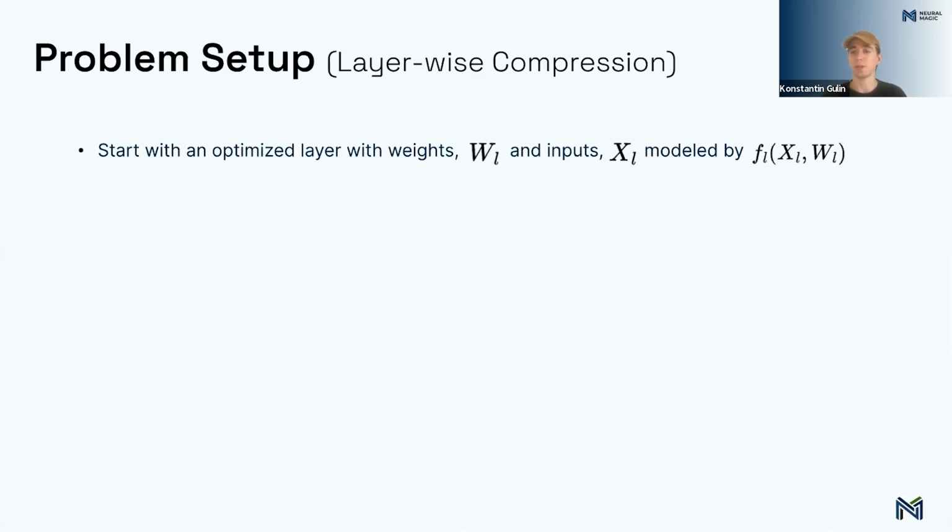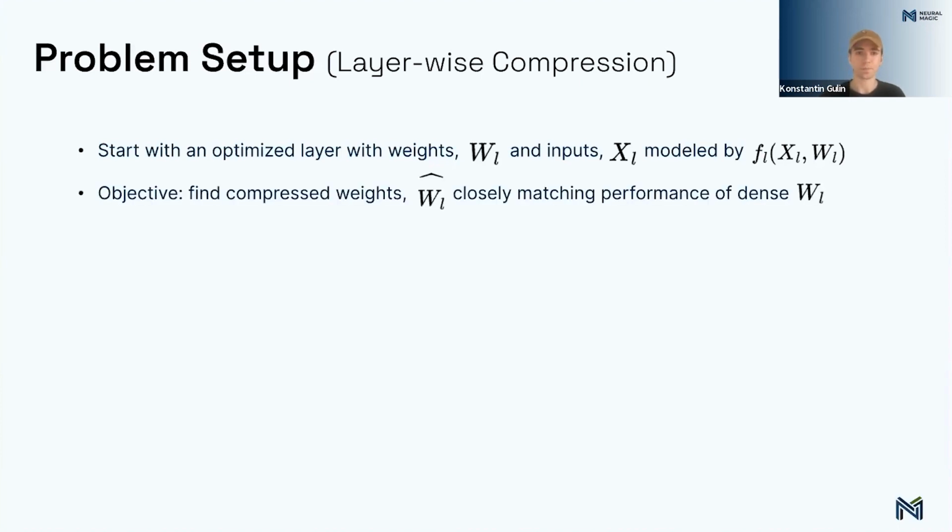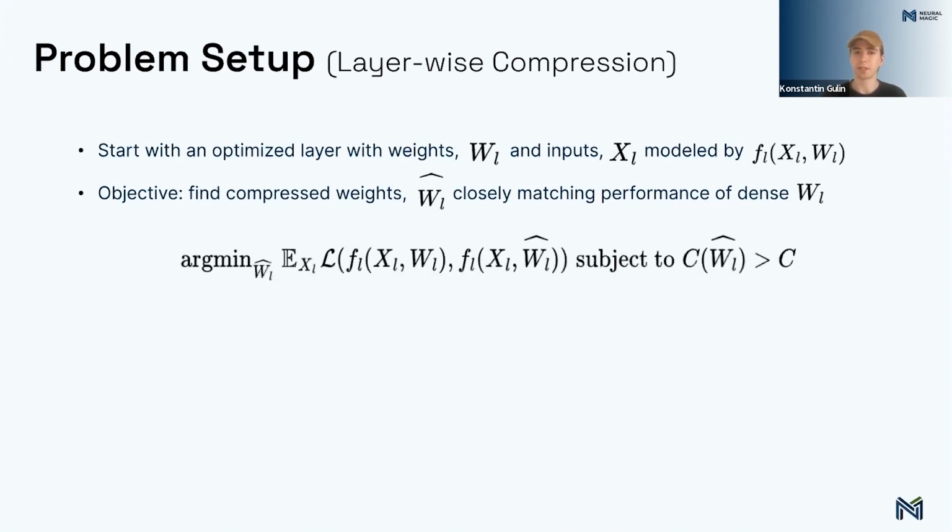So we're going to treat this on a layer by layer approach. We're compressing each layer one by one independently, although there are variations where we can take into account the interactions between layers as well. Essentially our goal here is to find a set of compressed weights, we'll call it W hat, that matches the performance of the original weights as closely as possible, while satisfying some sparsity constraint.